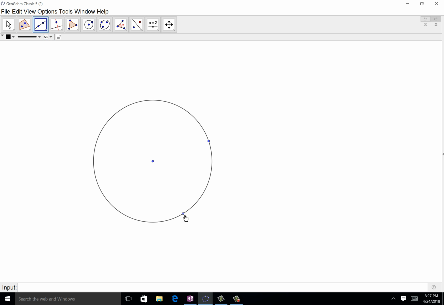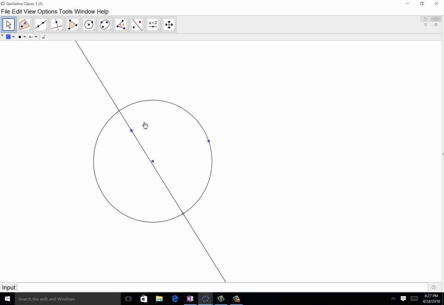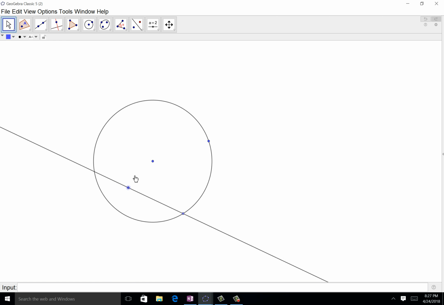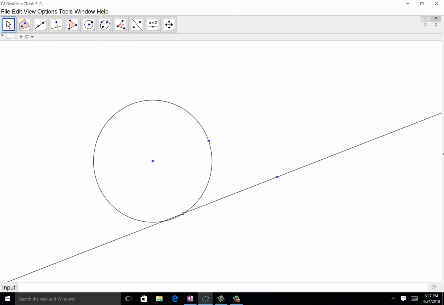So now I'm just going to put a line through there. And this line looks like it touches a circle in one spot. But if I move it around, I see that really it's just a secant line. And that's no different than what we just did. So what we want to do is, let's get rid of that line. And we need to do something different.